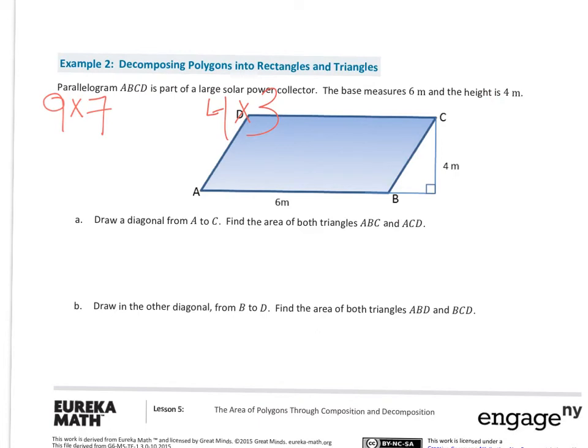So what are the areas of the 2 rectangles? Well, 9 times 7, 63. And 4 times 3 is 12. And then we want to add in meters squared. So what operation is needed to find the area of the original figure? Well, area we usually find through multiplication.